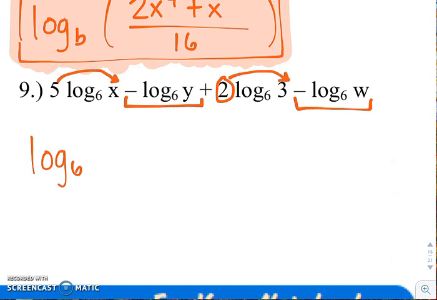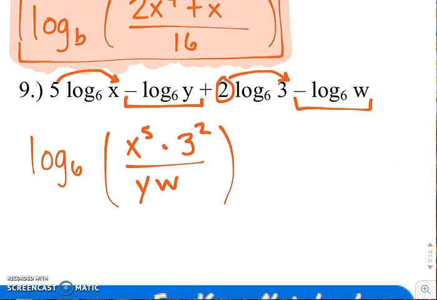It looks like on the top of our fraction, we'll have x to the 5th times 3 squared. And in the bottom of our fraction, y times w.